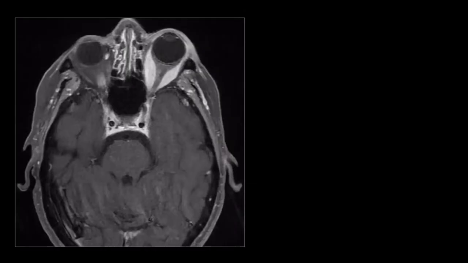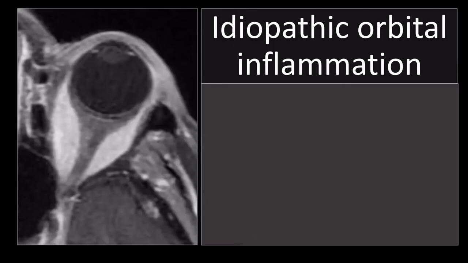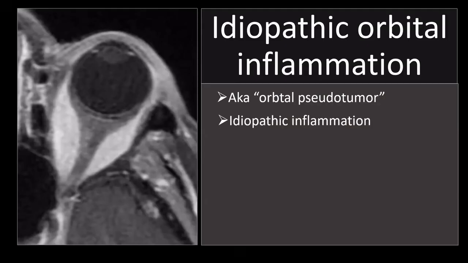On MRI images, we see enlargement and enhancement of the lateral and the medial rectus muscles, and this was a case of idiopathic orbital inflammation, an entity also known as orbital pseudotumor, although this terminology, often still used, is gradually being abandoned.